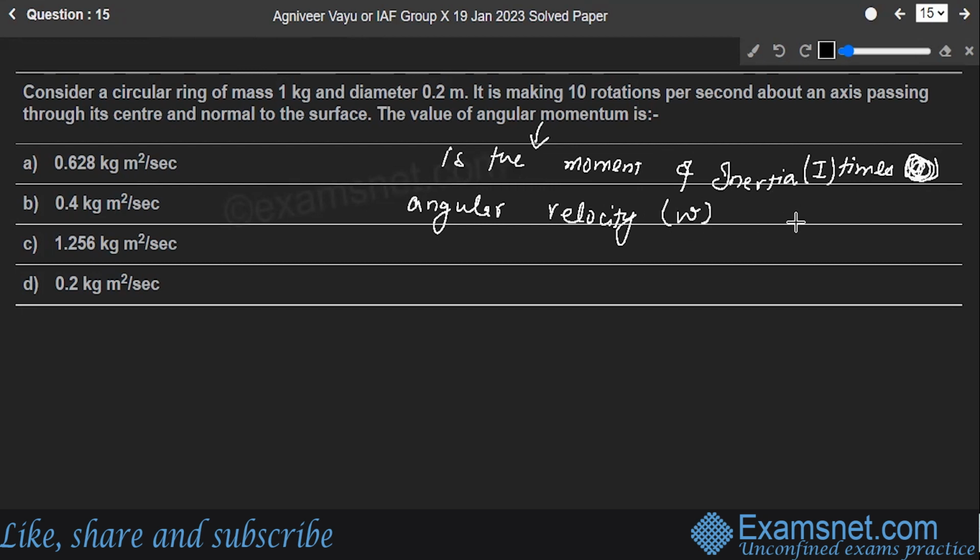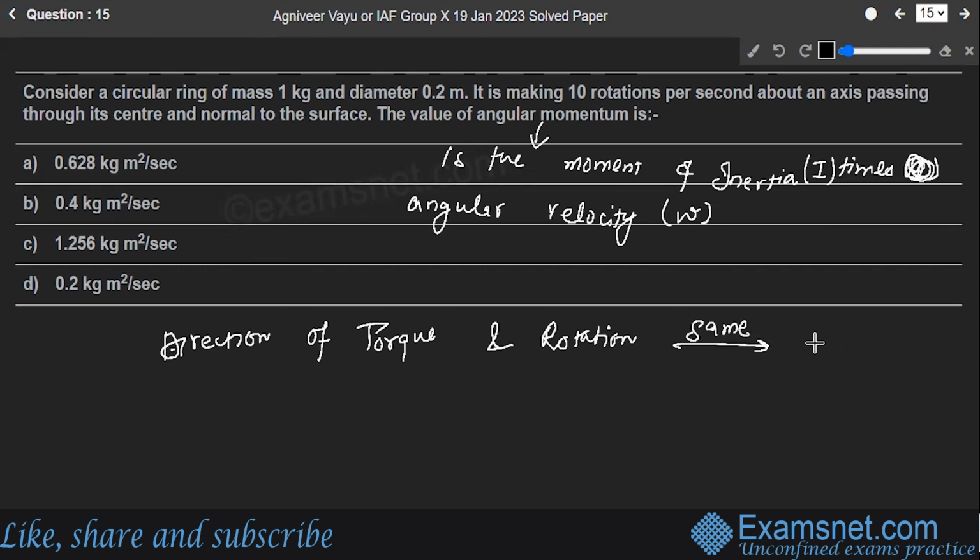Now, angular momentum is a vector quantity and it's directly proportional to the torque applied to the body. When the direction of the torque and the direction of the rotation are the same, then the angular momentum increases.